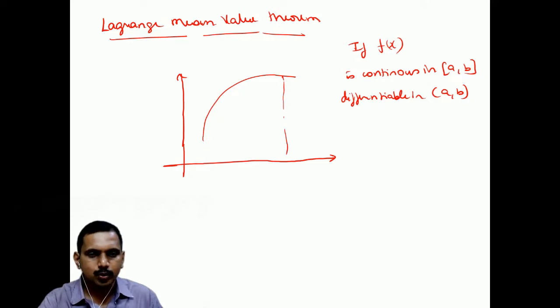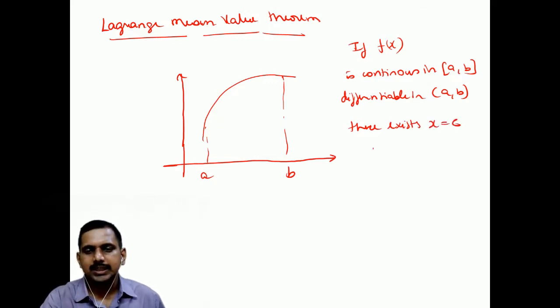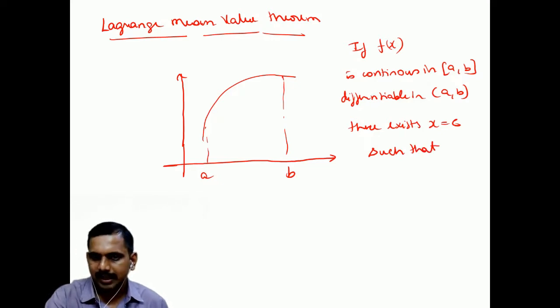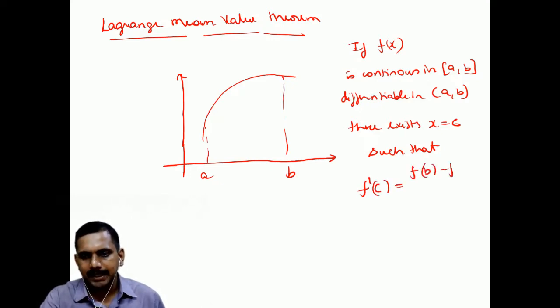Then there exists a point x is equal to c such that f dash of c is equal to f of b minus f of a divided by b minus a.